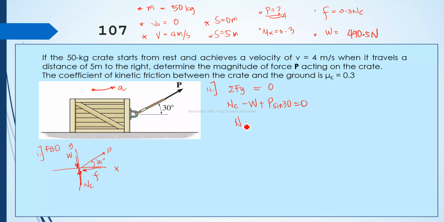So we have that our normal force is equal to the weight, 490.5, let's remove the newton, minus P sine 30. Say this is our equation 1.